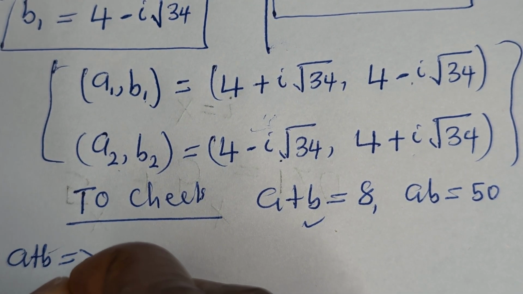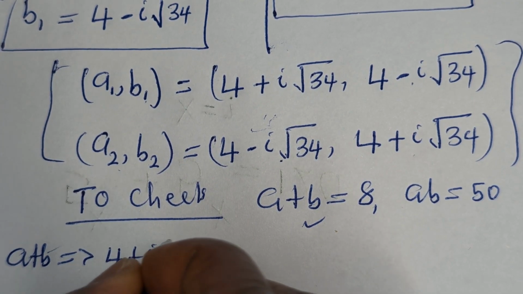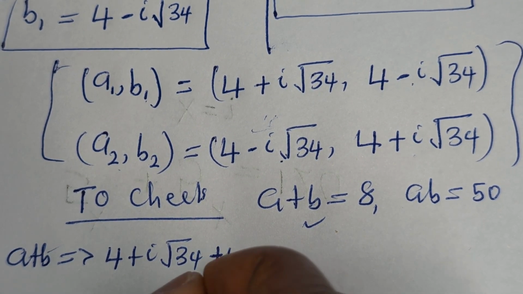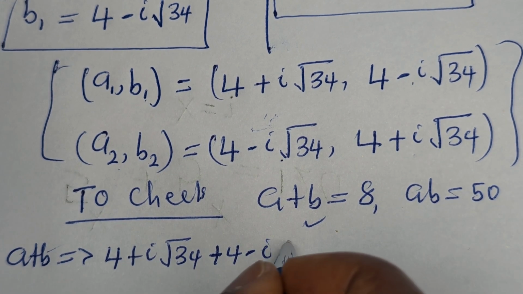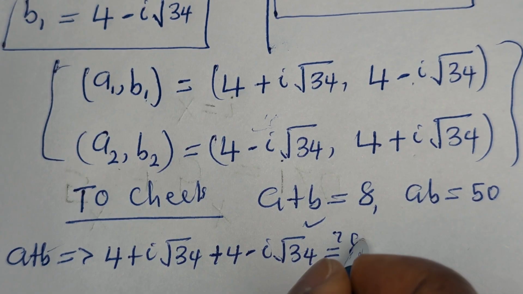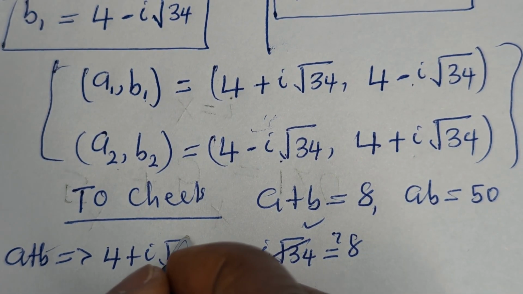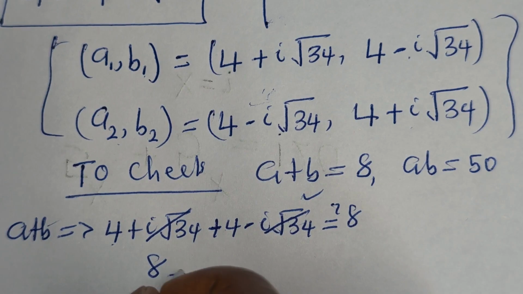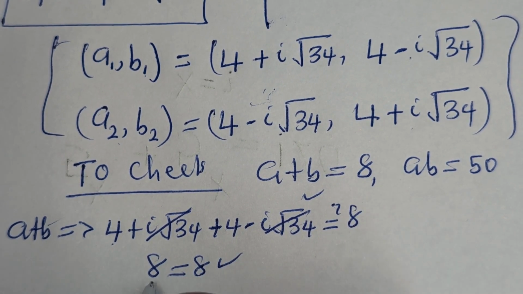This is 4 plus i root 34 plus 4 minus i root 34 must be equal to 8. This is just one step. This cancels this. 4 plus 4, this is 8, is equal to 8, which is true.